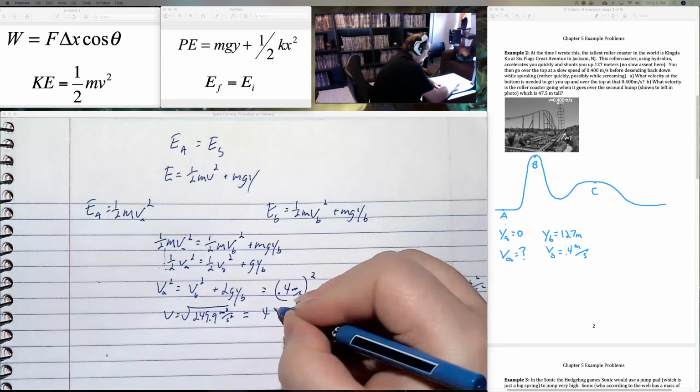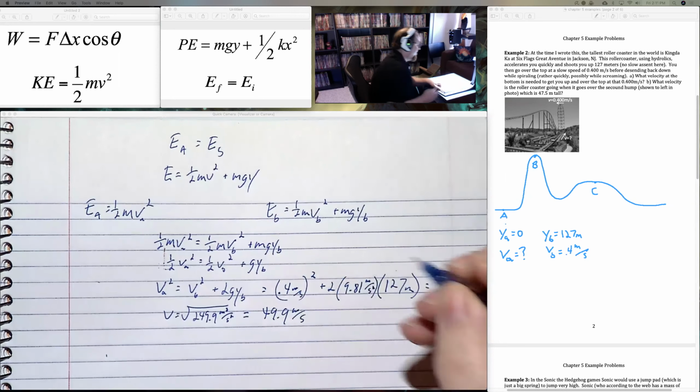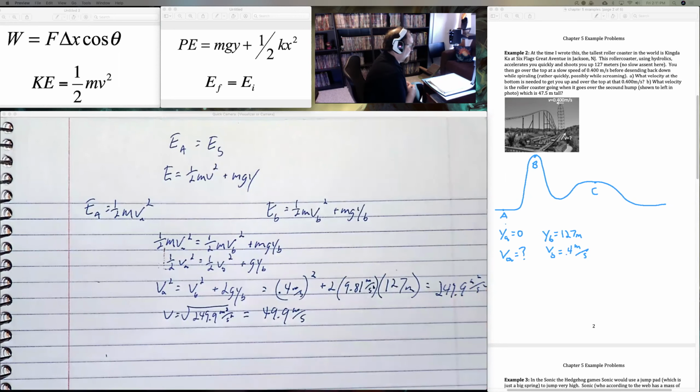And you get 49.9 meters per second, which is pretty goddamn fast. Any questions so far?